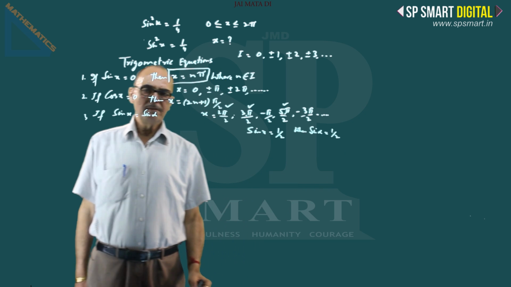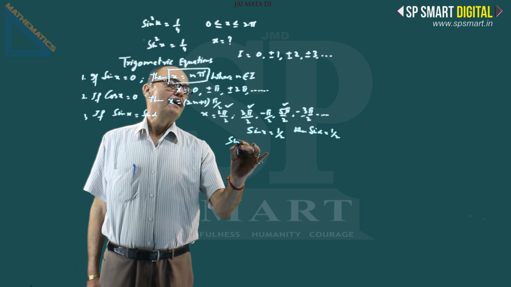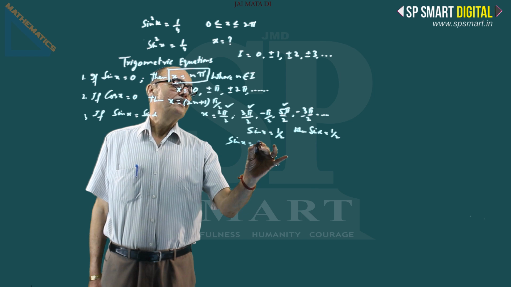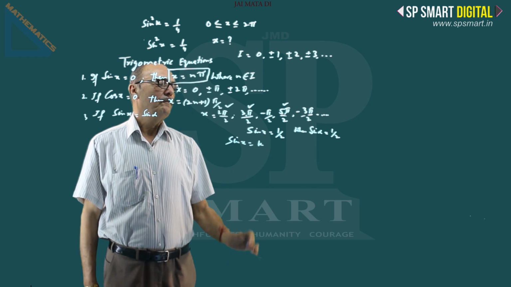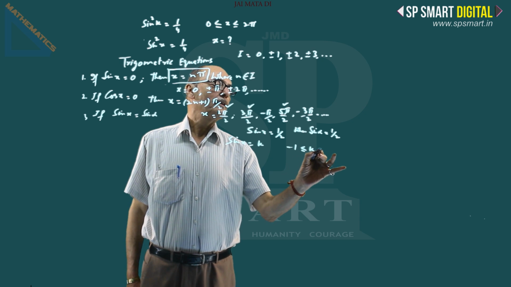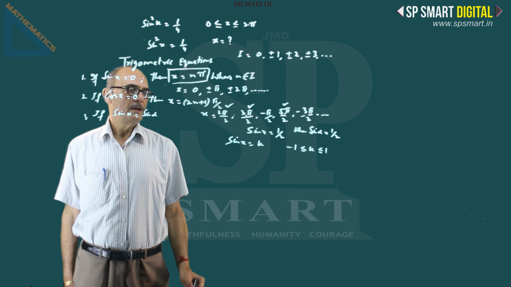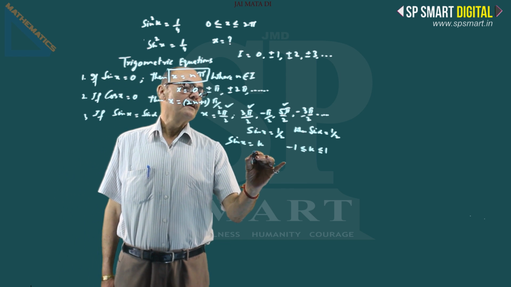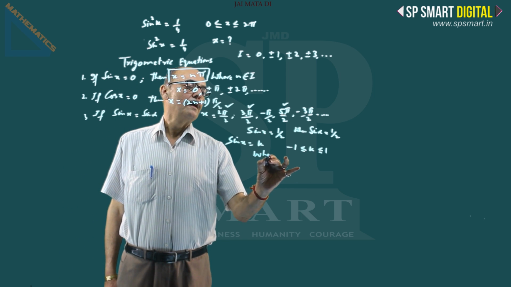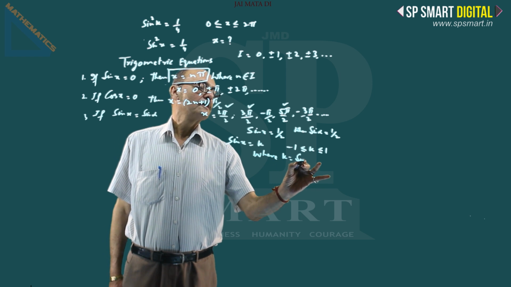Or you can take it otherwise also, that if sin x equals say k and the value of k lies between plus 1 and minus 1, where k is sin of alpha.